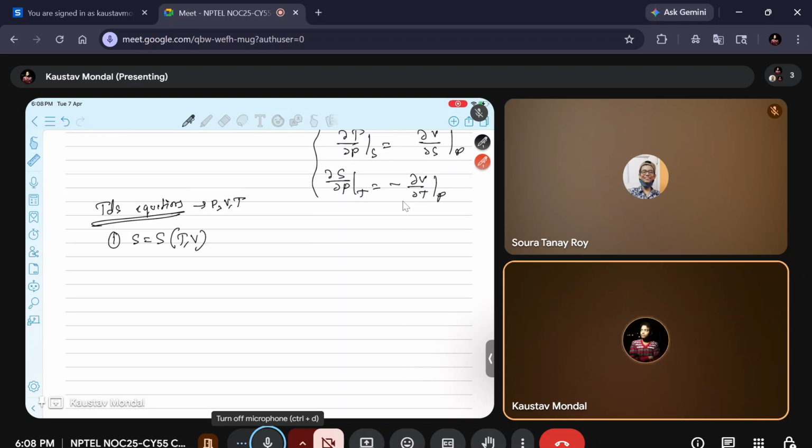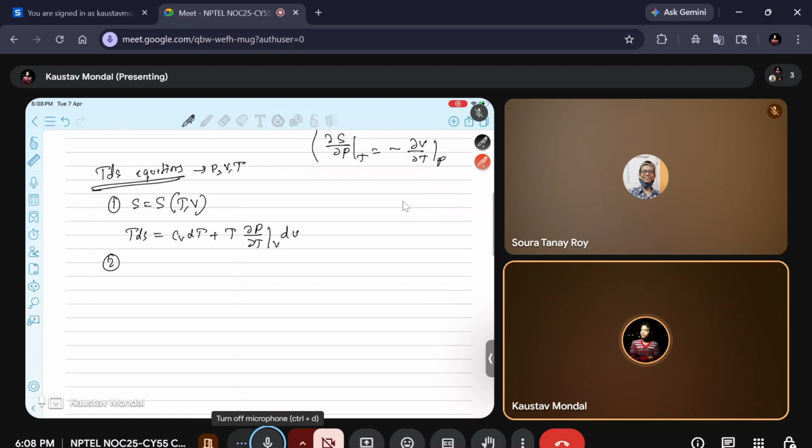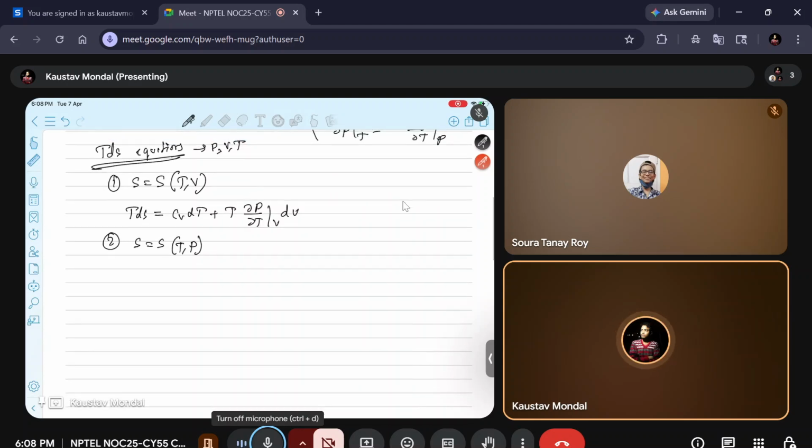By taking those as independent coordinates, you can write the first TdS equation: TdS equal to Cv dT plus T del P del T at constant V dV. For the second relation, you take entropy as a function of temperature and pressure, T and P as independent coordinates.